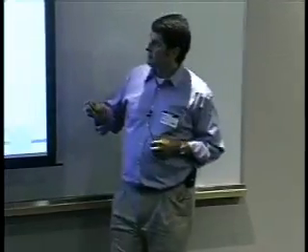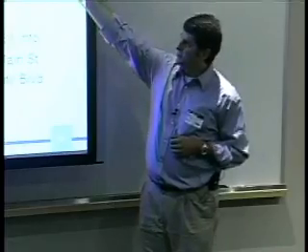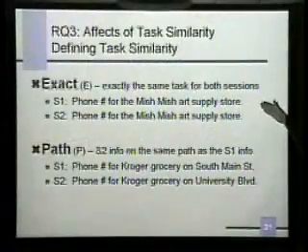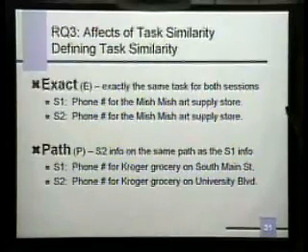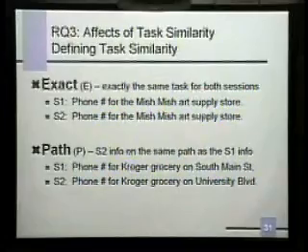Well, maybe you're doing exactly the same task. So, in the first session, find the phone number for this particular art store in Blacksburg called Mish Mish. The second session, find the phone number for that same art store. Same task. Well, what if the tasks were just slightly different, but the information was along the same path?